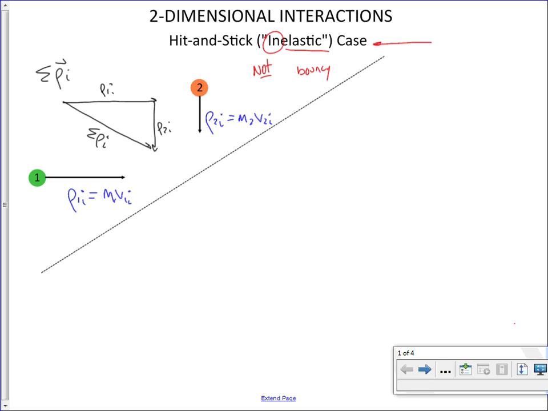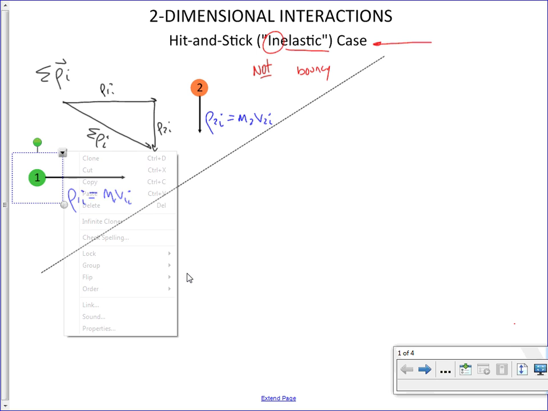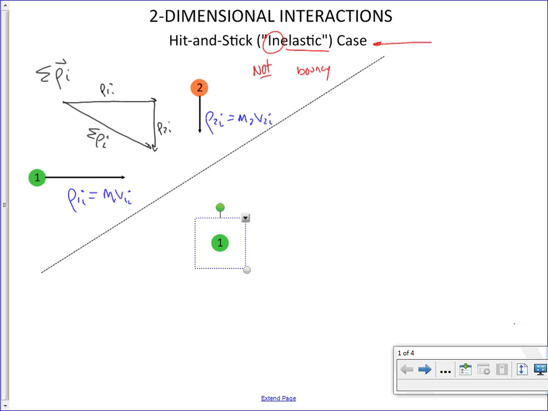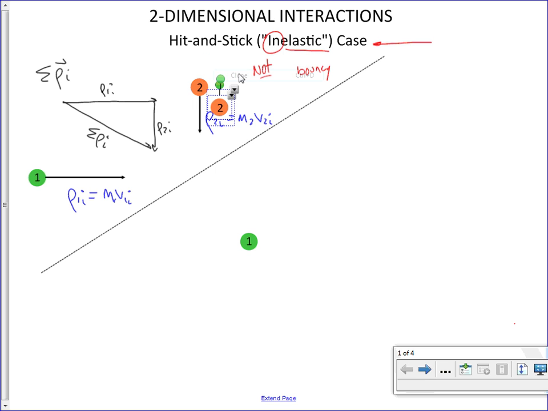So if these things hit and stick together, then clone. They hit and stick together. Right? They're stuck together, and now, well, what are they going to do? Well, we already know the answer.